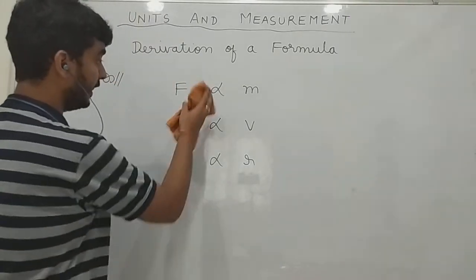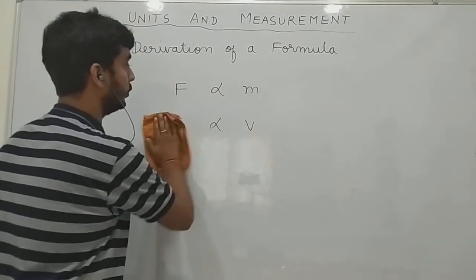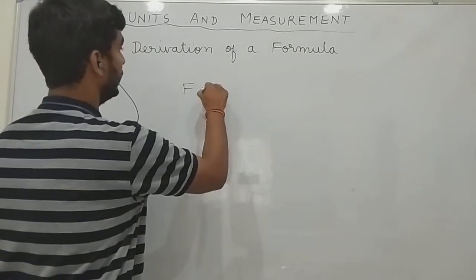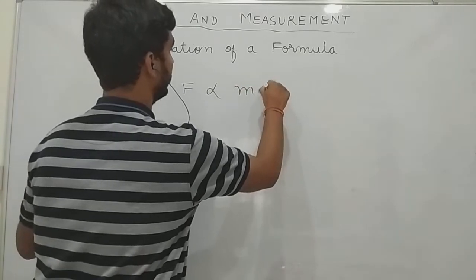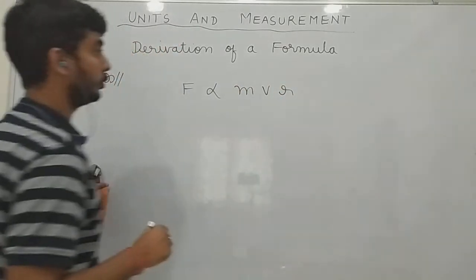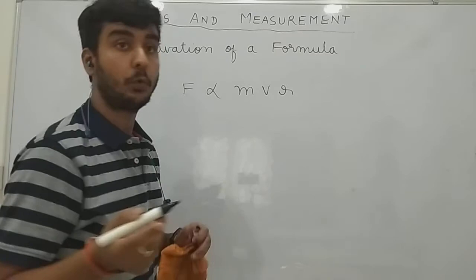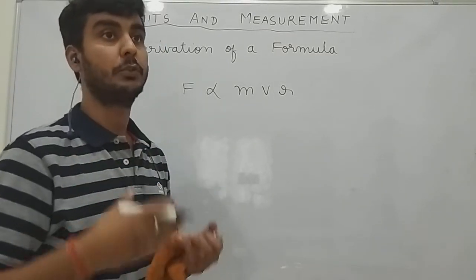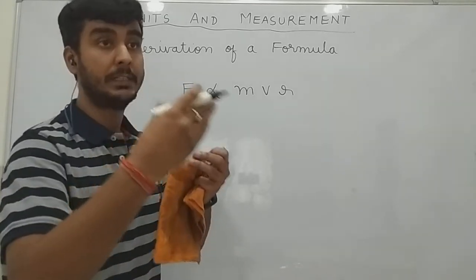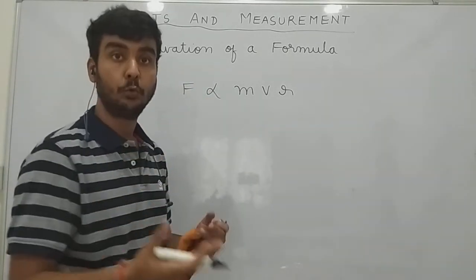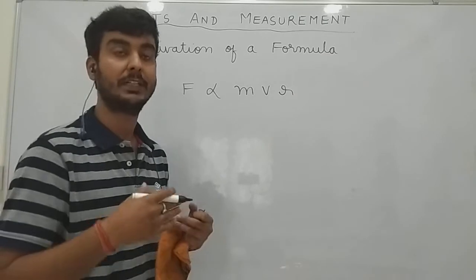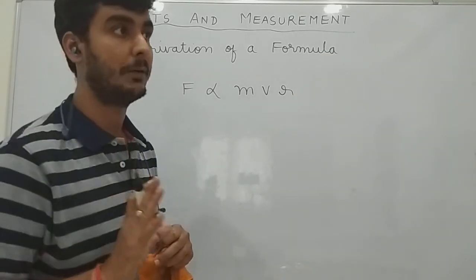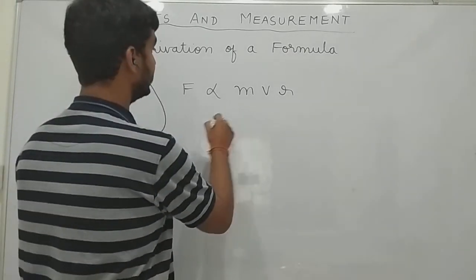So if I write all these three together, then it will be something like the centripetal force depends on mass, velocity and radius of rotation. As I have told you, I don't know whether they are inversely proportional, directly proportional, whether they have power square, power cube, power -2, or power -1. I don't have any information about their power. So what I'll do, I'll assume their power.